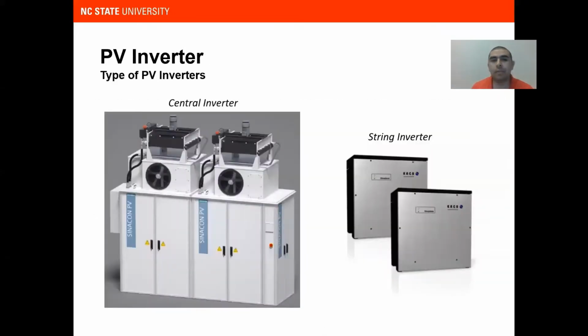Okay, so PV inverters. In this field we have two different types of inverters. One is the central inverter, and the other one is the string inverter. Central inverter units are physically much larger than string inverters, use longer wires and convert more power per unit.